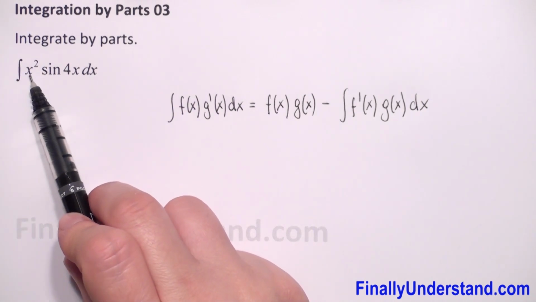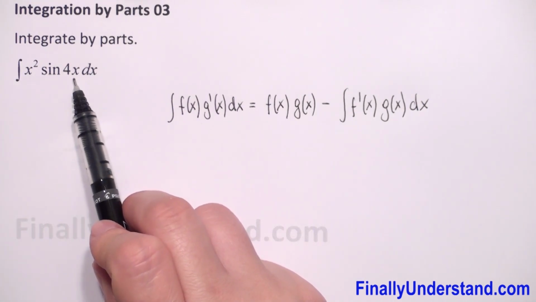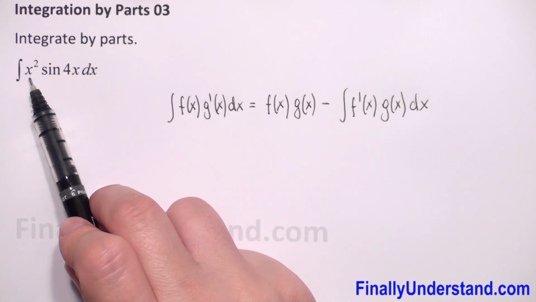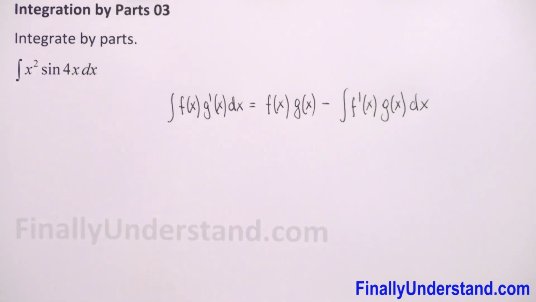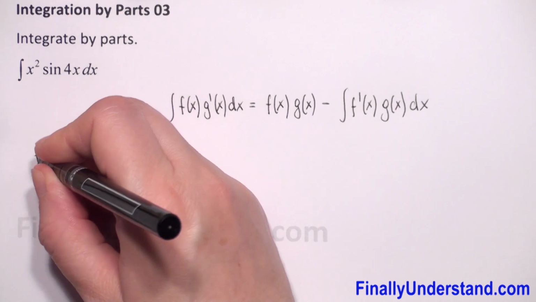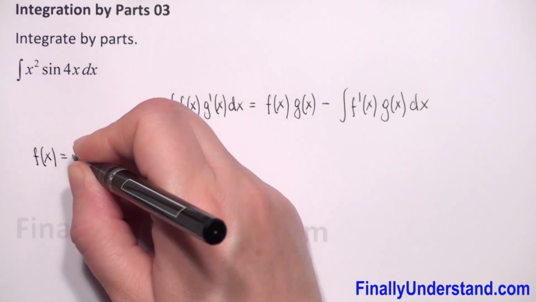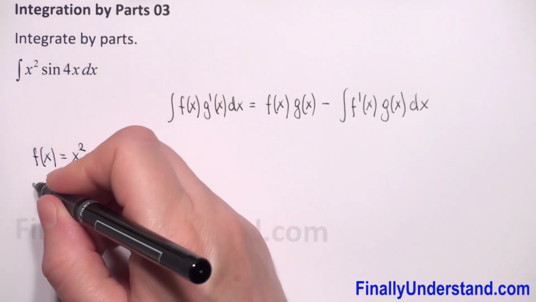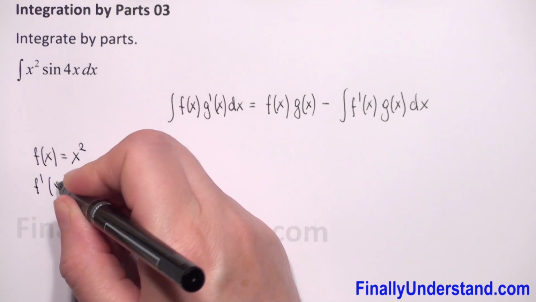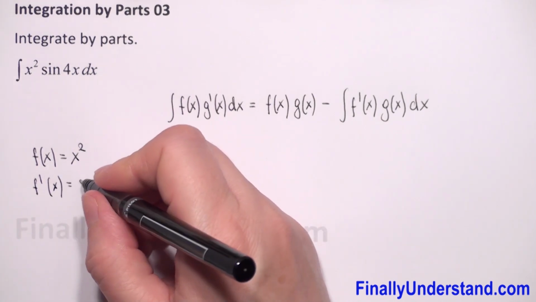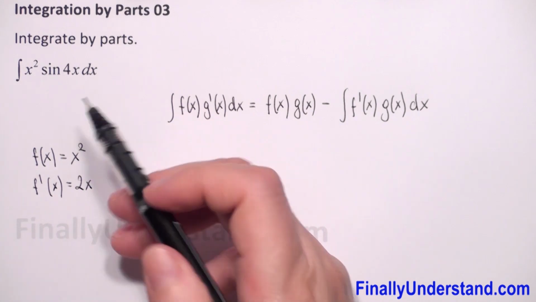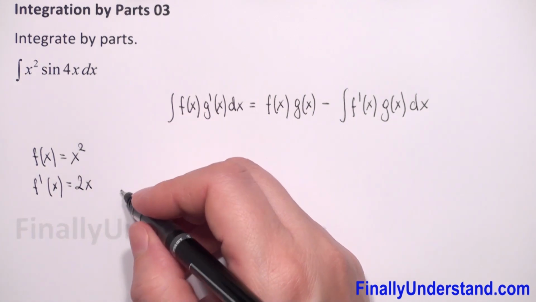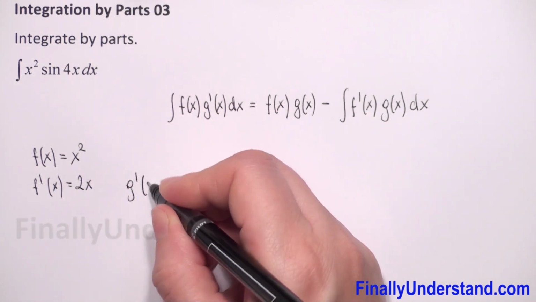We have x squared and sine of 4x. When we take the derivative of x squared, we will get a simpler expression. So we will put f of x equals x squared. So f prime of x will be equal to 2x. What is left? We have sine 4x. It will be our g prime of x.